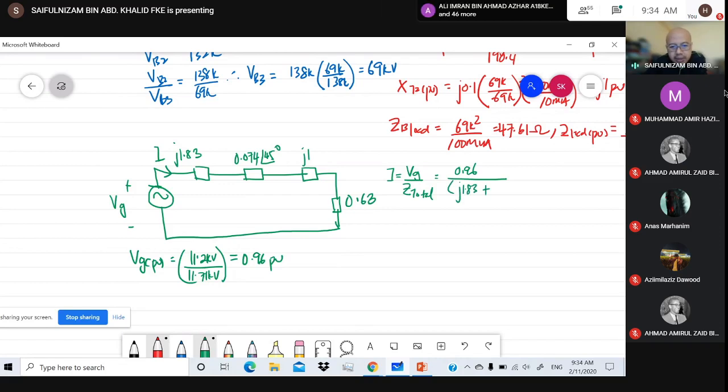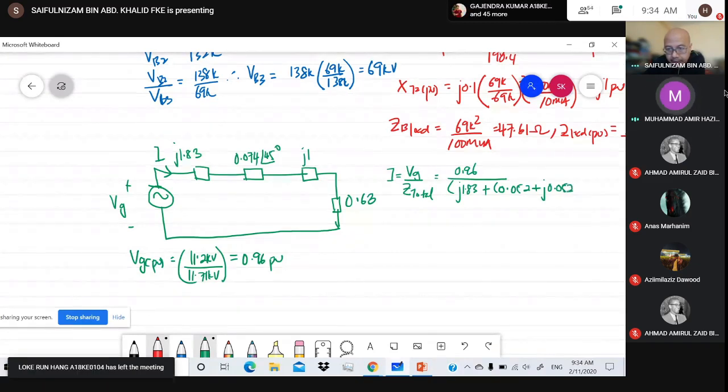What is the rectangular value for this transmission line impedance? 0.052 plus j0.052, same real and imaginary.